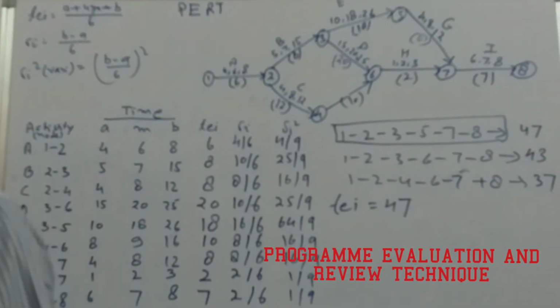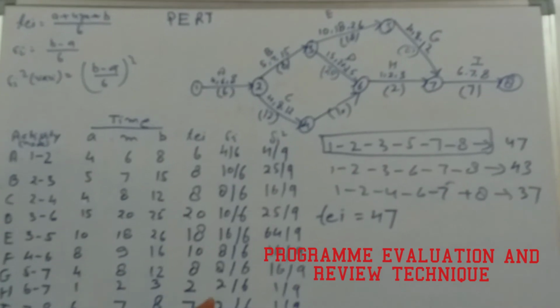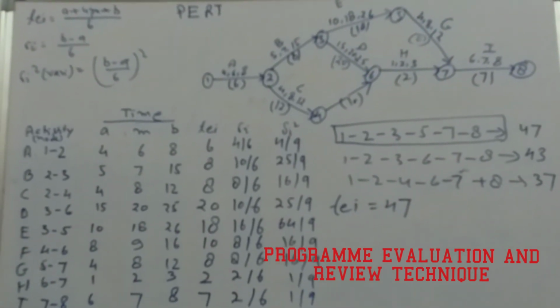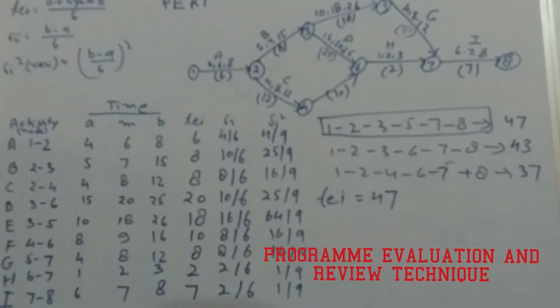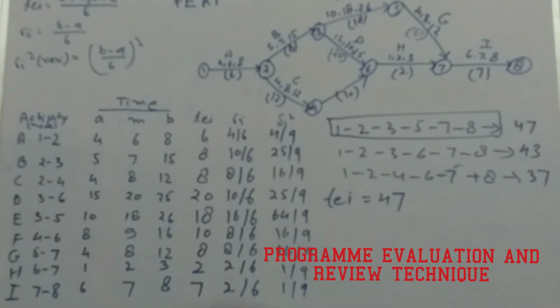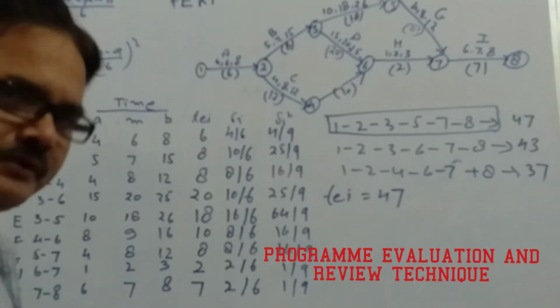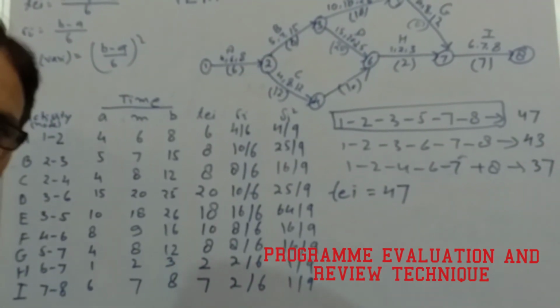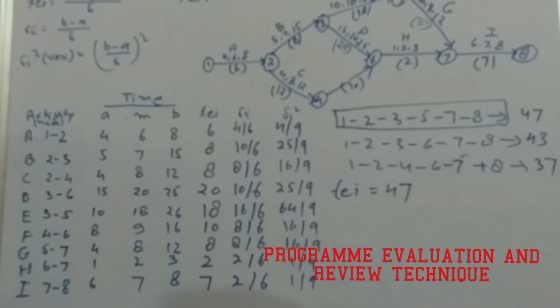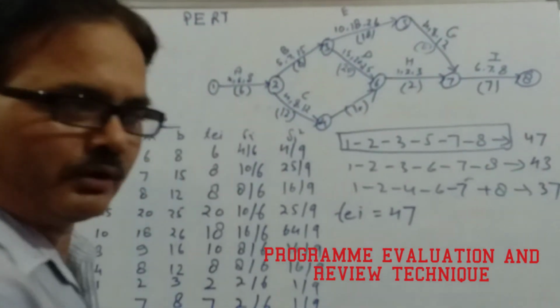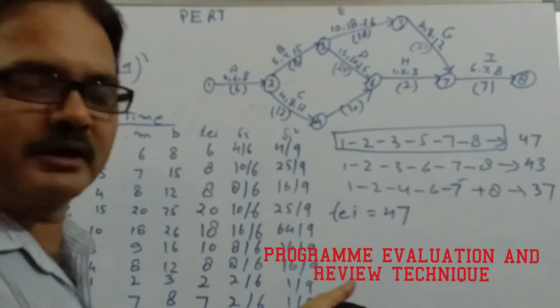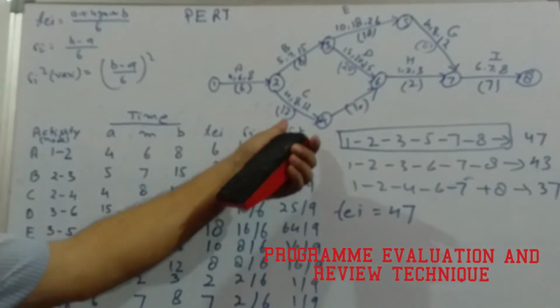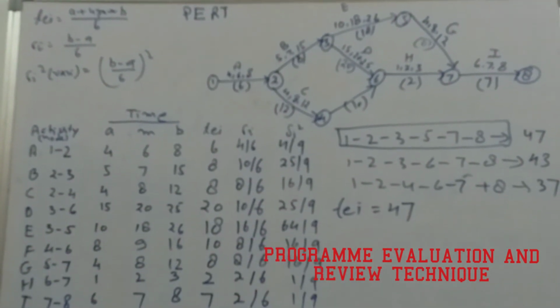Now if it is expected from us to find the probability that this particular project is to be completed in 55 days, what will be the probability? So here we need to find out the standard deviation. But before we calculate the variance, we cannot talk of standard deviation.